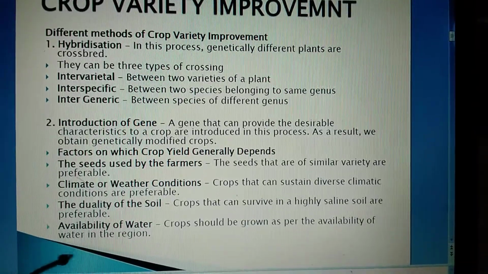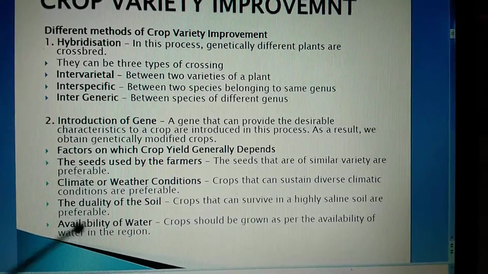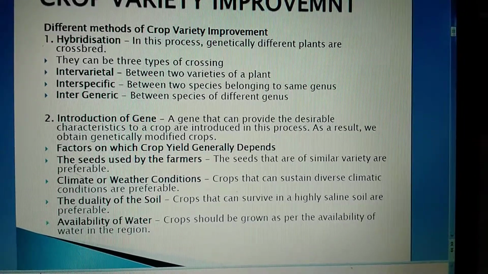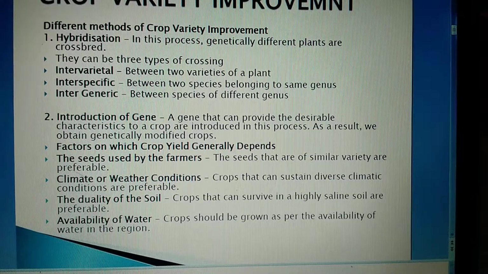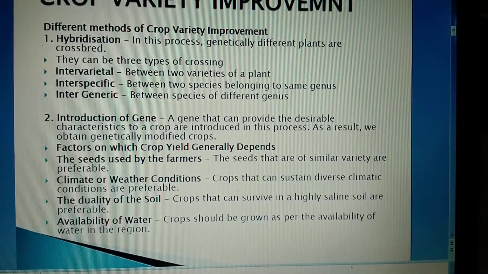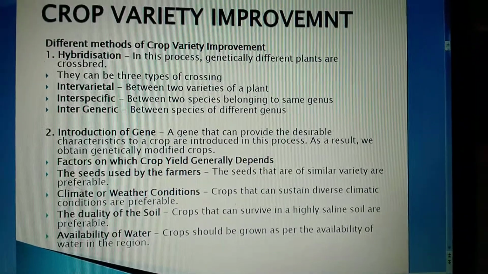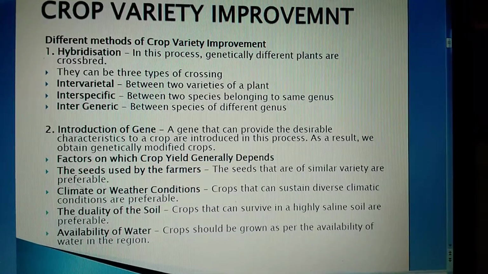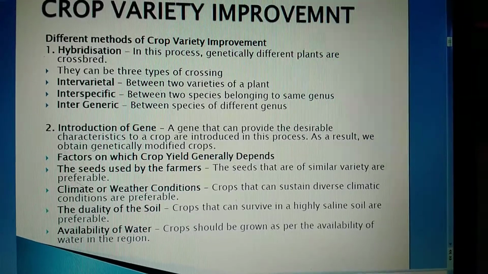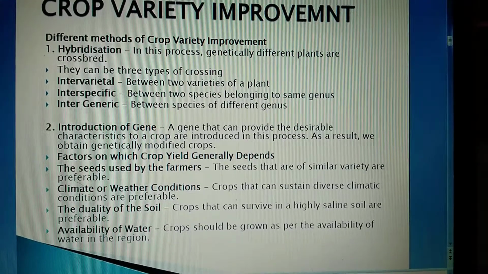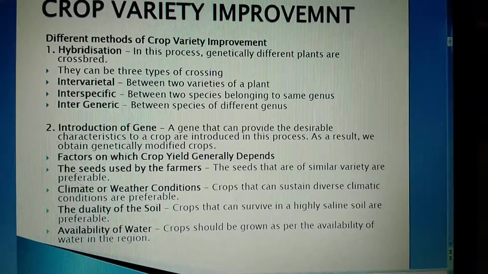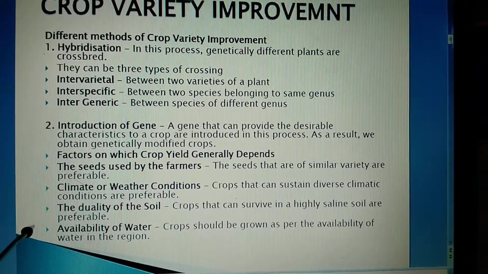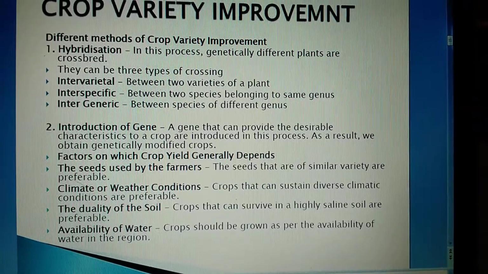Since we are living in India, water is scarce over here. So proper availability of water is required for irrigation, without which the crop cannot survive in any environment or with any particular weather conditions. So these are a few factors that are required for better crop yield.